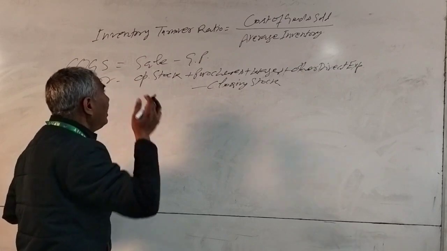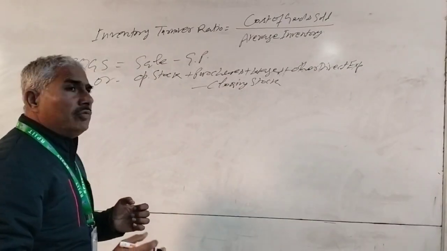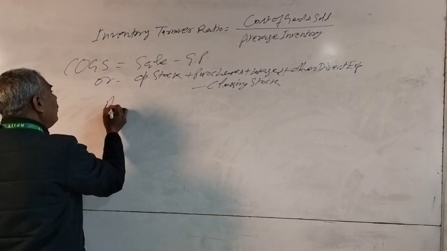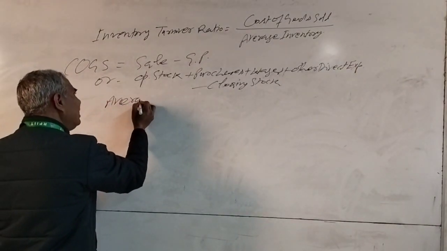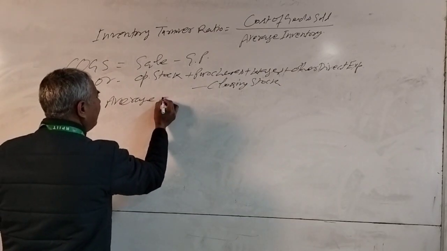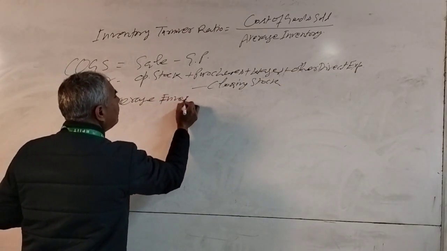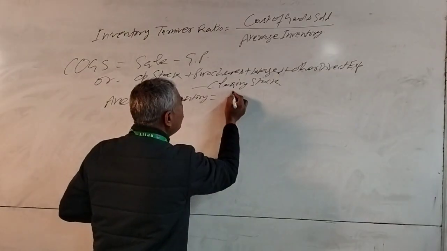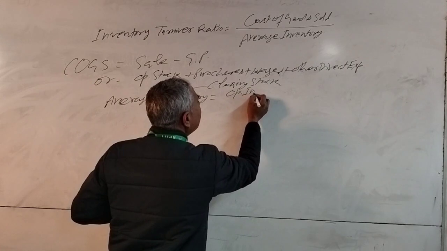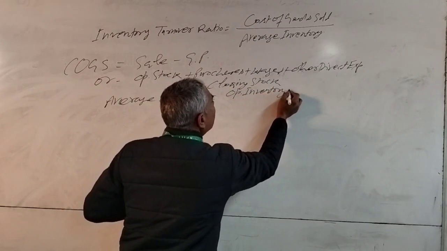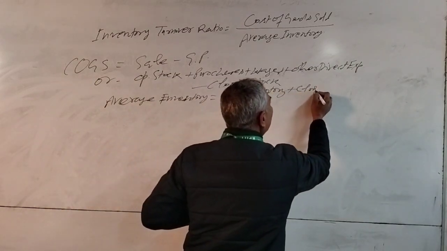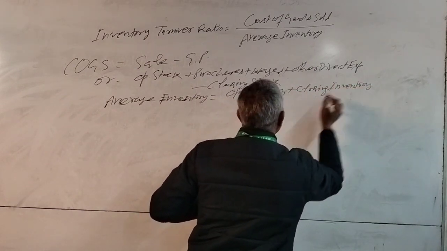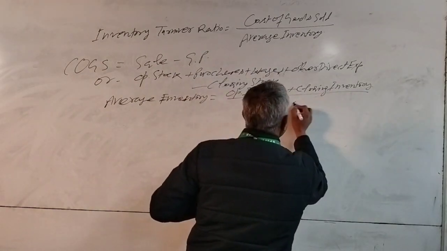After finding the cost of goods sold, we find the average inventory. For calculating average inventory, we apply the formula opening plus closing divided by 2: opening inventory plus closing inventory or stock, divided by 2.